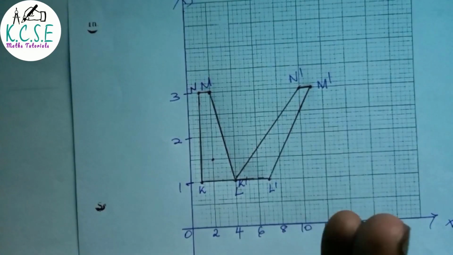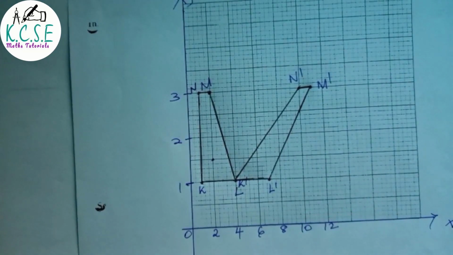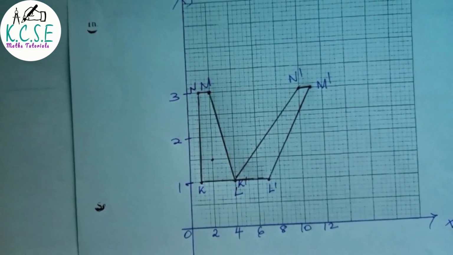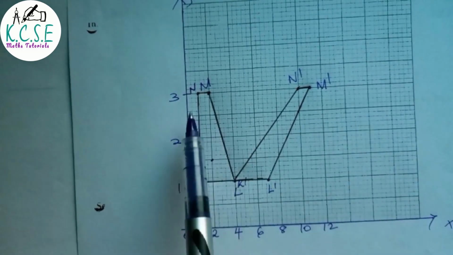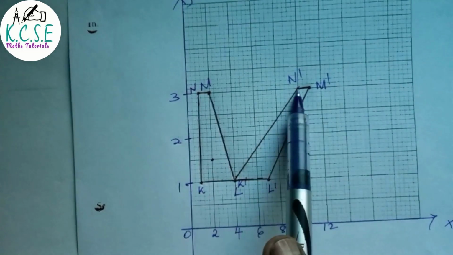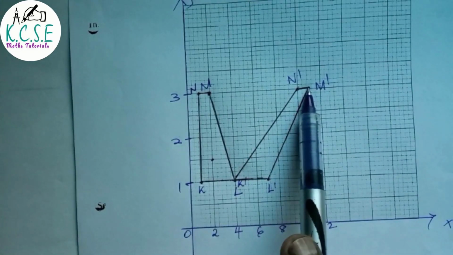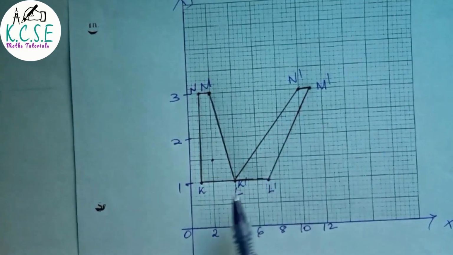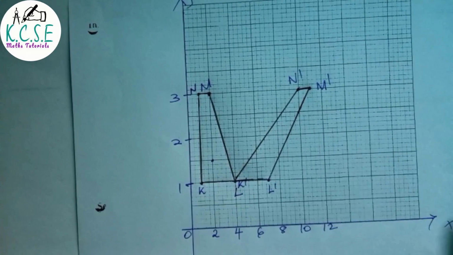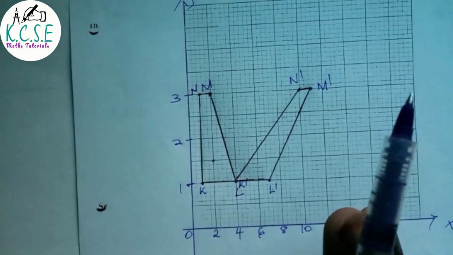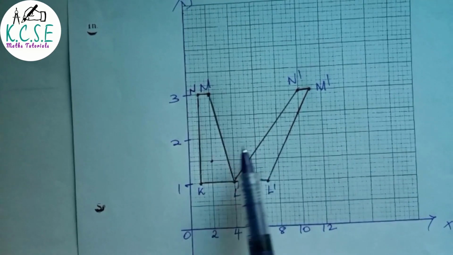But when you look at these, having known the basic properties of a stretch, automatically you can see that this one is a shear, especially looking at the points N to N prime, M, how it has been shifted from M to M prime, then K to K prime, L to L prime. So this one is a shear, where when you look at the areas of these two, notice that there is a variation.